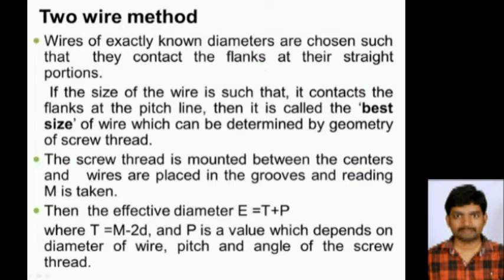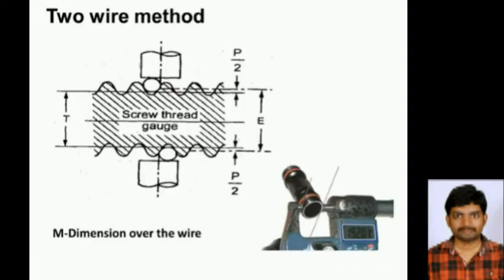Now this is the schematic diagram. We have a screw thread gauge, a workpiece whose effective diameter is to be measured. We have two wires. One wire or rod is placed in the groove, and in the opposite groove we place another wire of known diameter, small d.